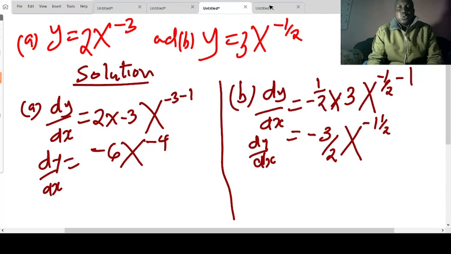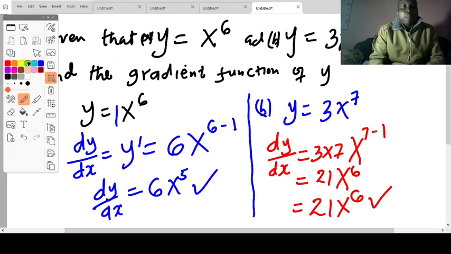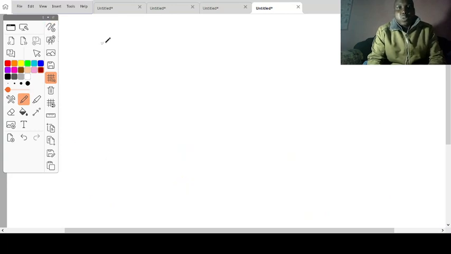Now I want to talk about the gradient function of polynomials. That's the next thing. Let me delete this one so that we can have a clean whiteboard to work on.